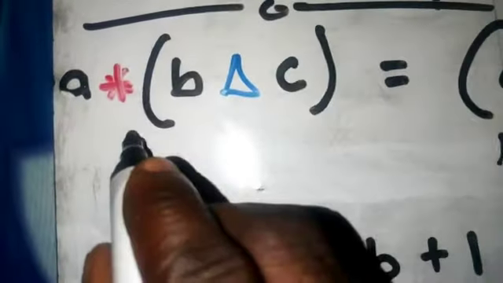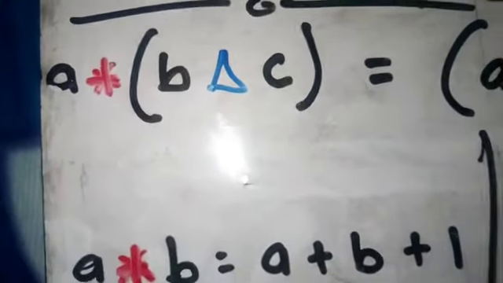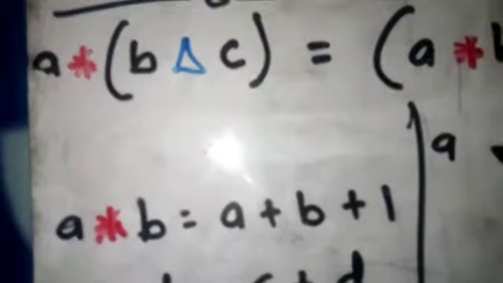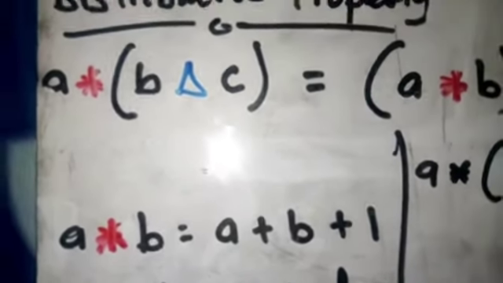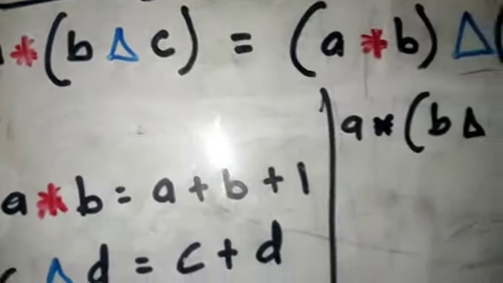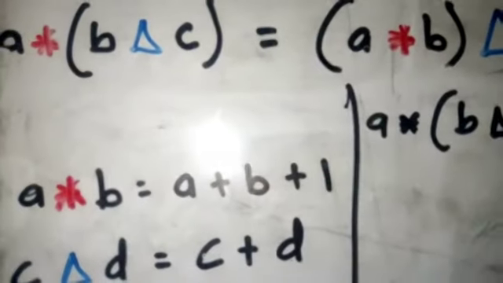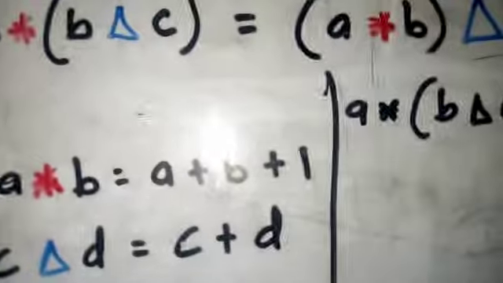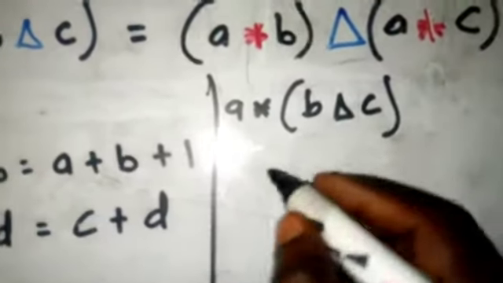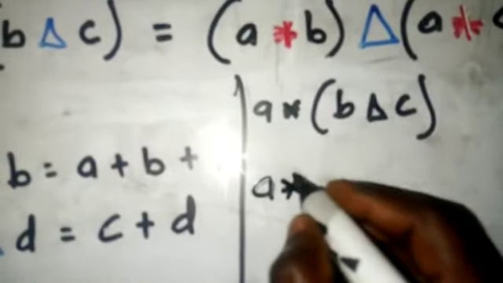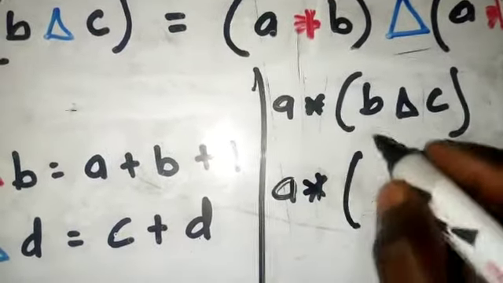When we are done, we get to the compound, the outside. So I'm having A star into the bracket B delta C, we call it delta, don't mind the name. So it is equal to, we will deal with the first part. Can you see that this will give me A star? We are not doing anything to the outside, so what is the inside?